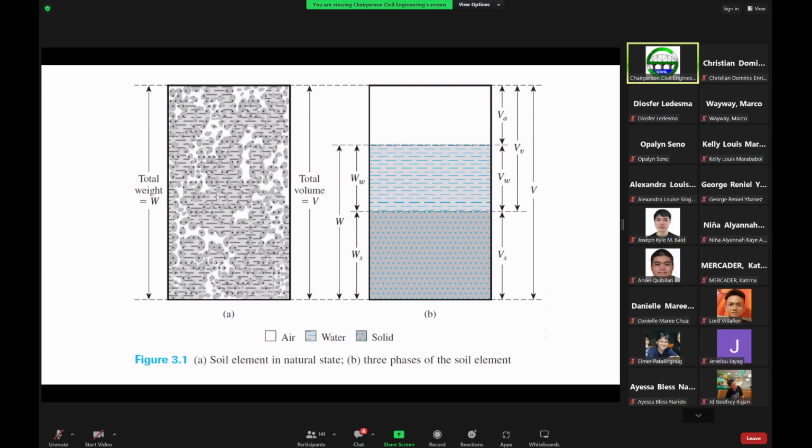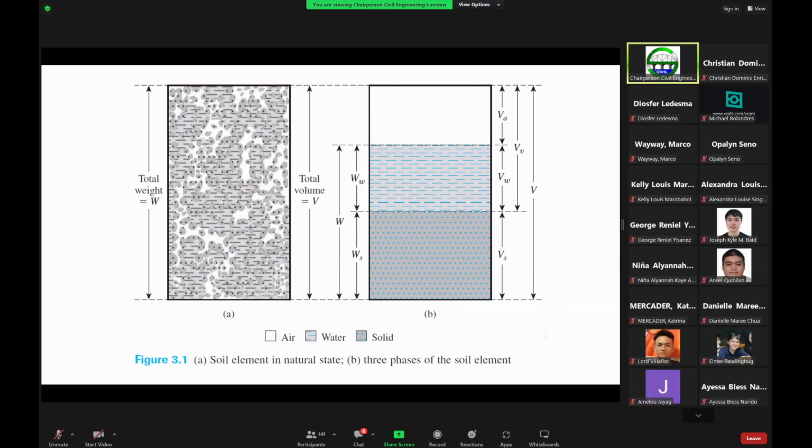The dark spots with some lines can be the water, and the white spaces there are the air. So that means the dark areas with lines is the water, as well as the white spaces here. If you can see my cursor, they comprise the voids.